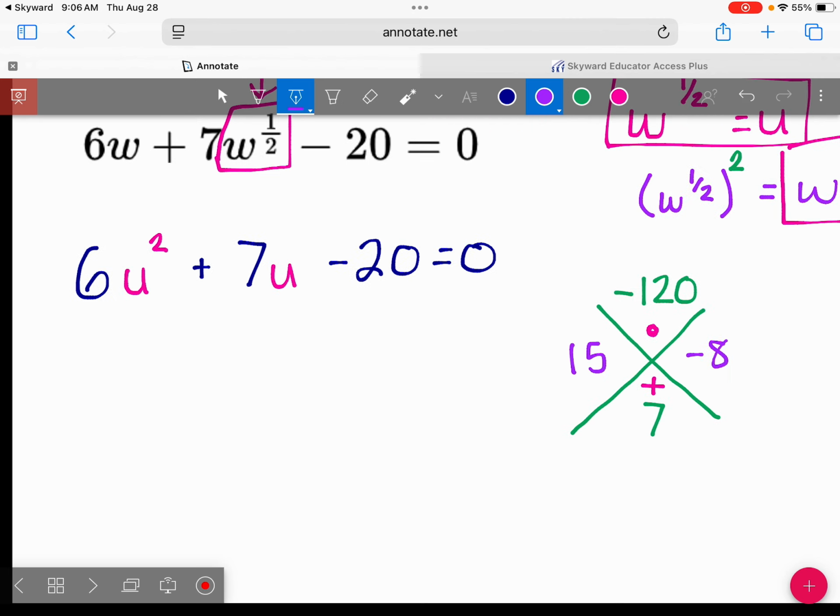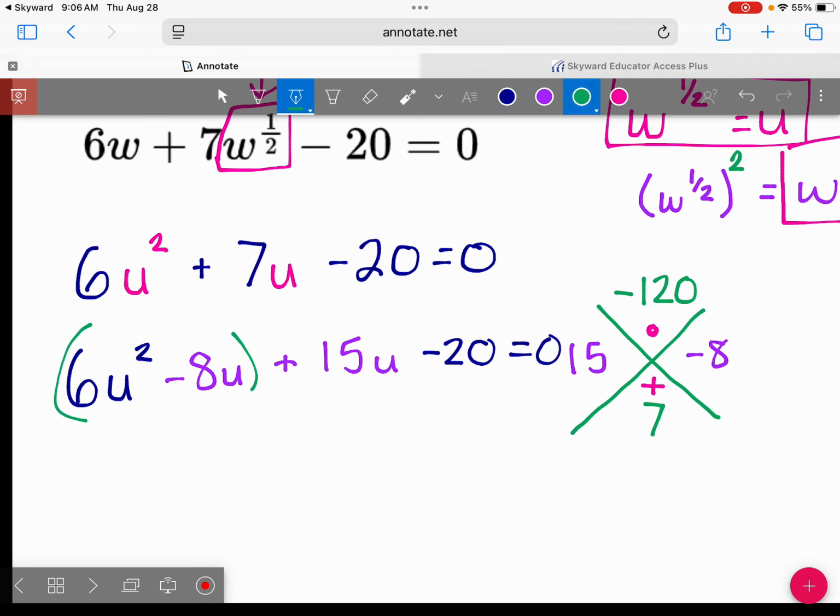So again, I don't care how we factor, just that we factor. I'm going to do grouping up here with our 6u squared minus 8u plus 15u minus 20. I'm going to bust mine into pairs, keeping a plus in between. And I can have a 2u taken out here, leaving us with 3u minus 4.